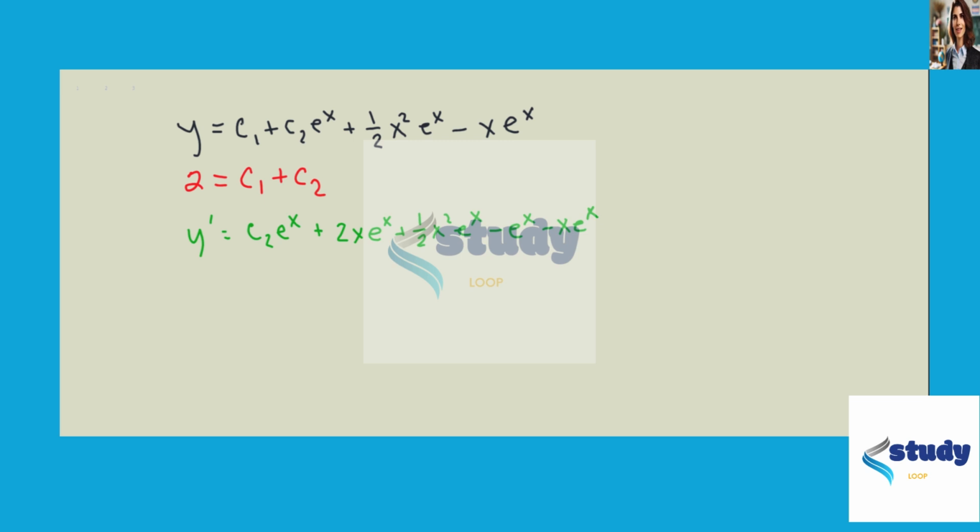And now I plug in 0 for x and set it equal to 1. 1 equals C2 minus 1. So those are my two equations. So C2 equals 2. And if C2 equals 2, then C1 equals 0.